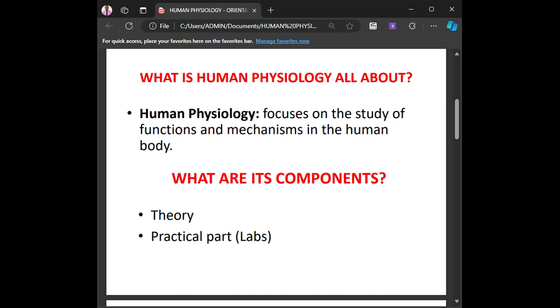And then it also comprises the practical part, which is normally referred to as the labs, or laboratory experiments.